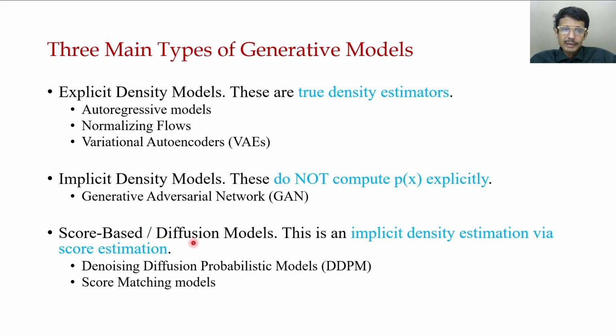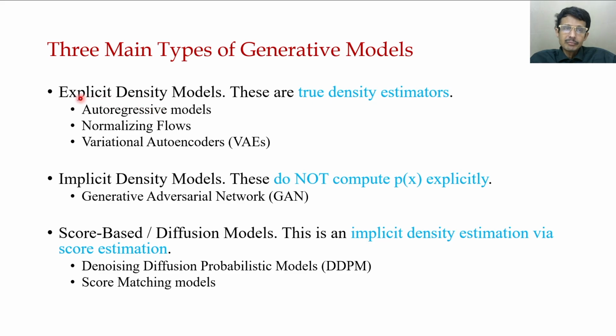Another is called score-based or diffusion models. This is an implicit density estimation via score estimation. Denoising diffusion probabilistic models, DDPMs, and score matching models are examples of this.